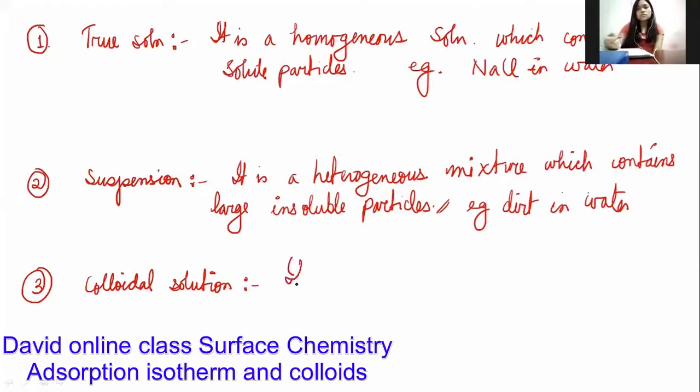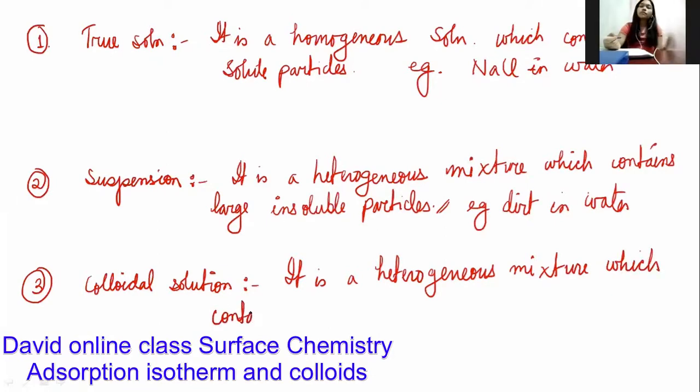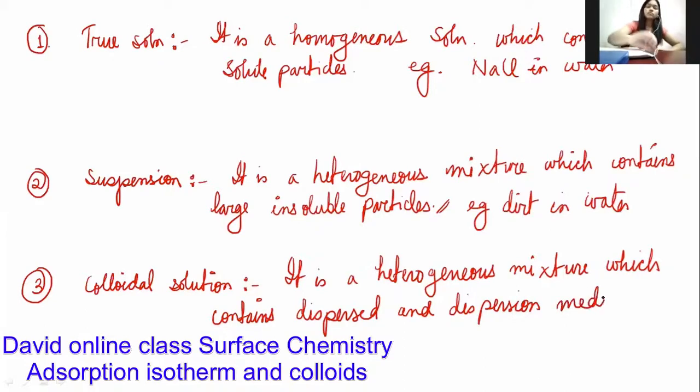So you can write: it is a heterogeneous mixture which contains a dispersed phase and a dispersion medium.